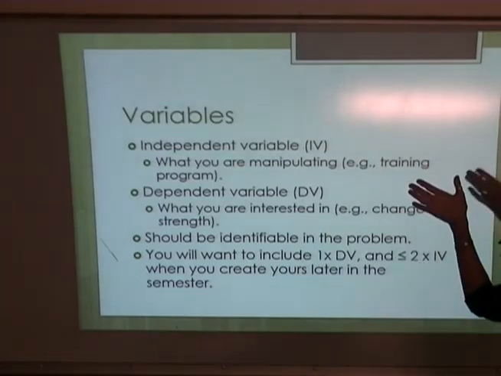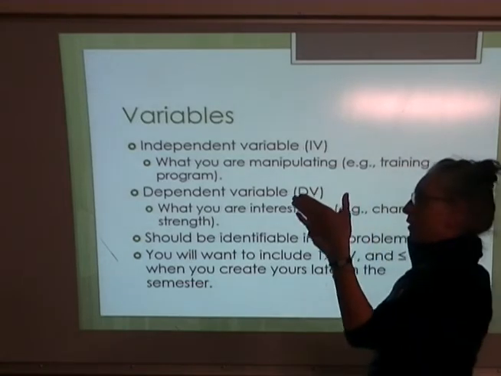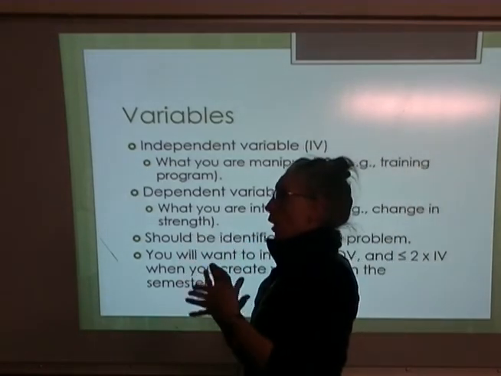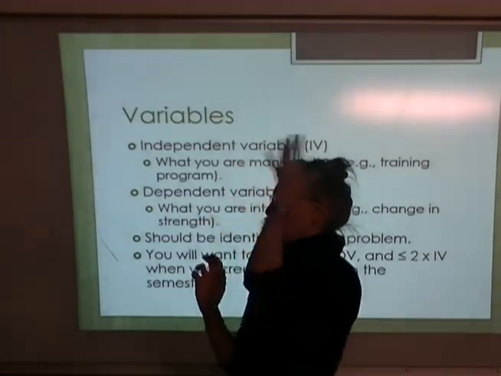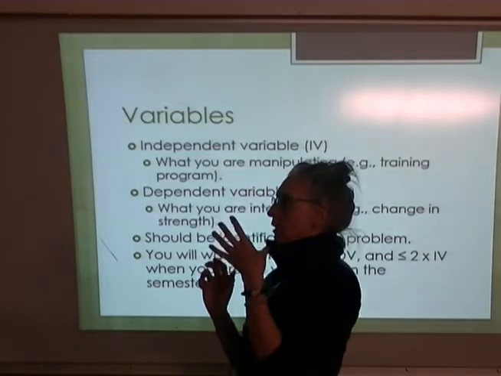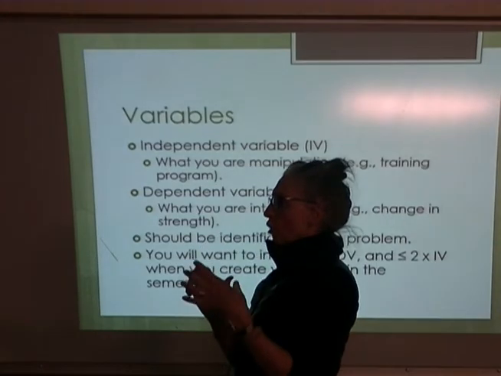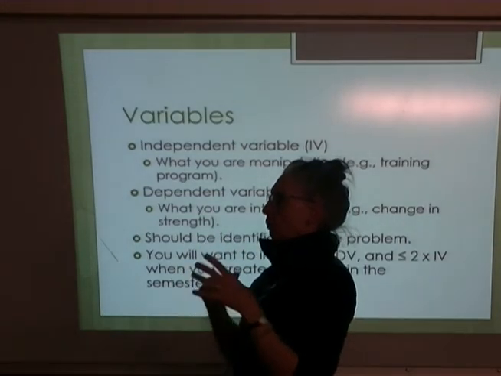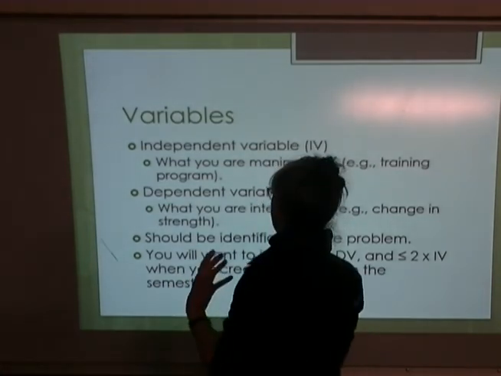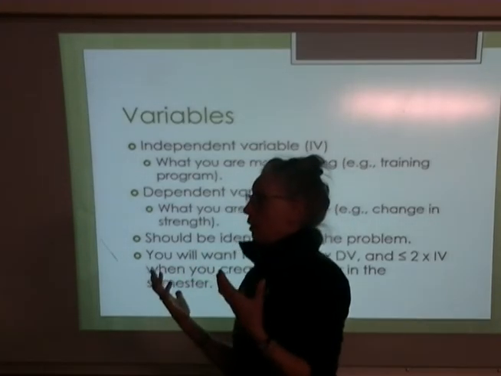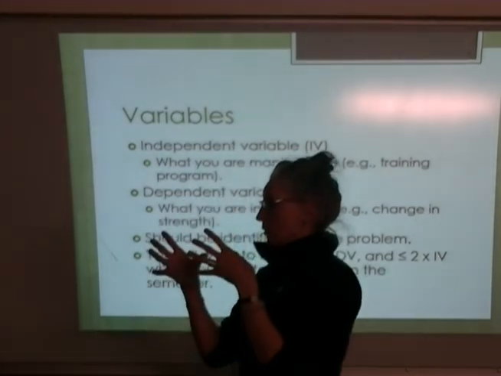So I've got a group of athletes and I want to know whether sprinting up and down the hill makes them stronger than sprinting on the flat, right? So my dependent variable there would be strength, right?